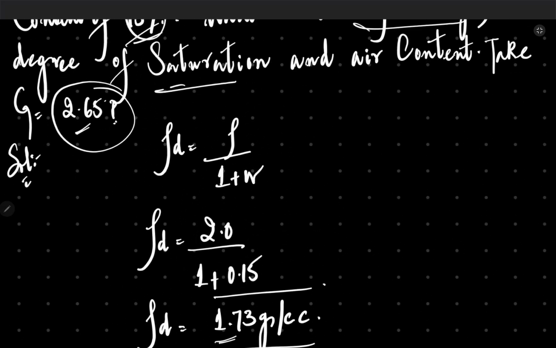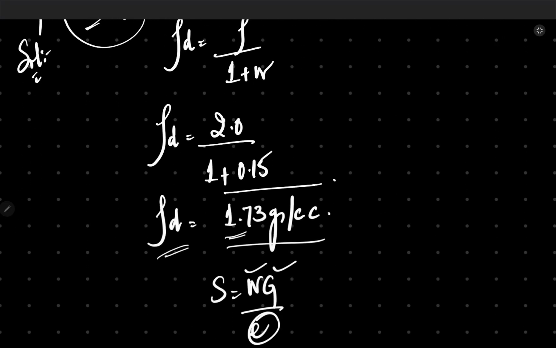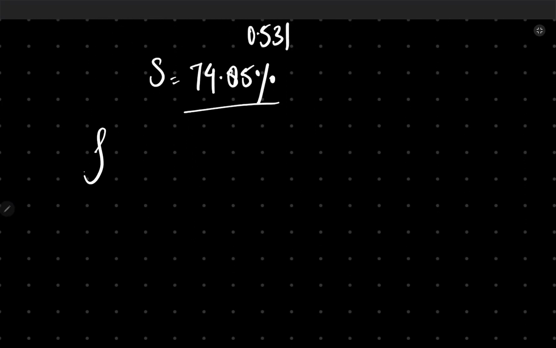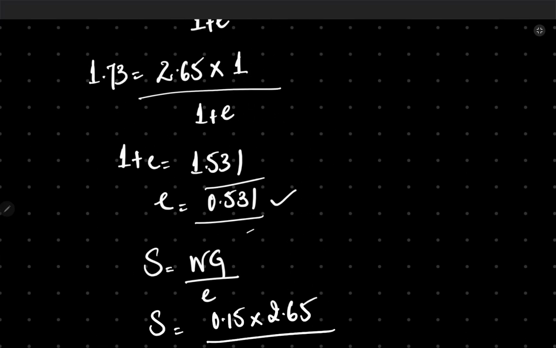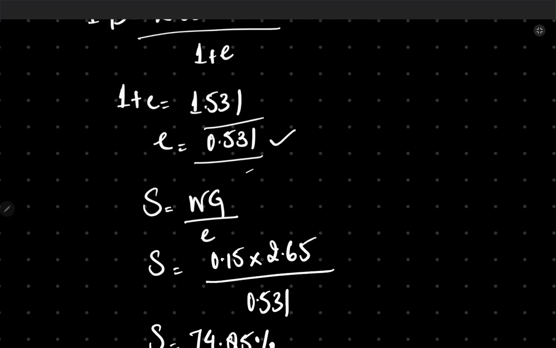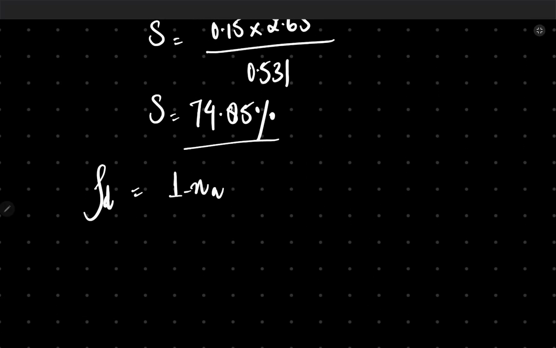Now the last thing that remains in this question is the air content. I'll again be using the same equation that I used in the previous question, the alternate generalized equation for dry density, 1 minus Na. First, I'll arrive at the percentage air voids, and then subsequently at the air content, because air content is a different thing.